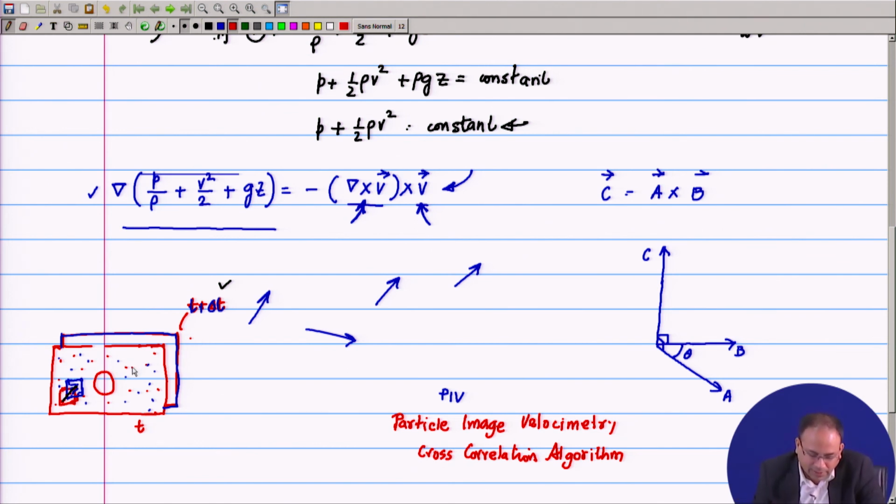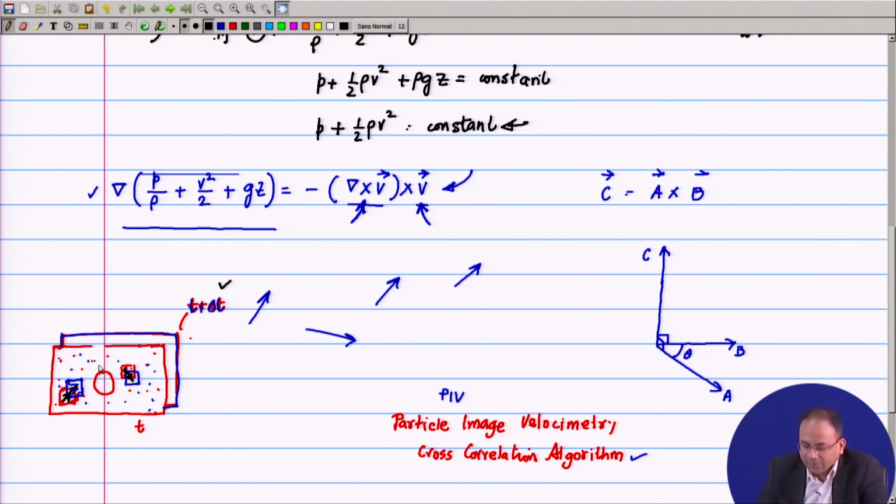So, for example, here suppose your particles in this region at the initial time, your cross correlation algorithm is telling you that these particles on the average have moved to this location. So, then your displacement here is like this. Okay, so, it was a northeast displacement, here now you have a southeast displacement.